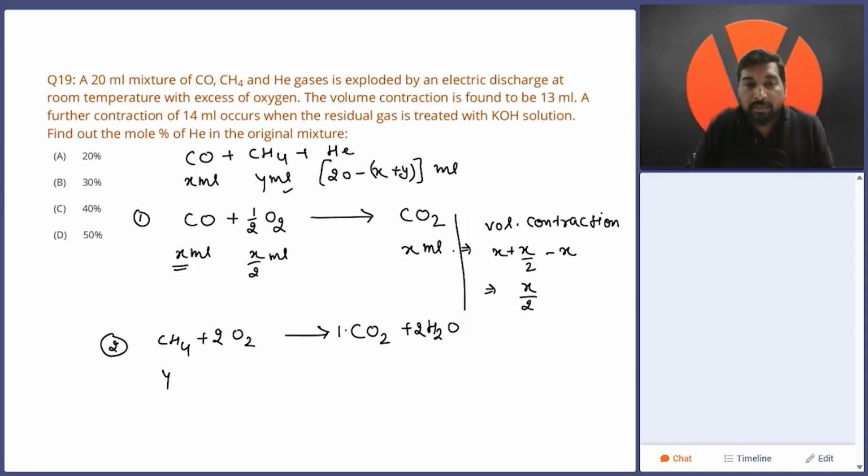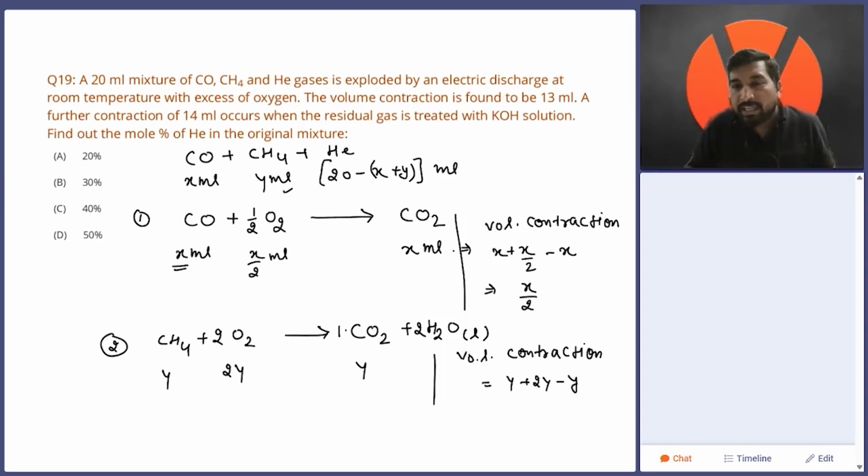We considered Y mL. For Y mL of CH4, 2Y mL of O2 is required. And this should be liquid. And how much CO2 will form? Y mL CO2 will form. So definitely volume contraction from here is Y plus 2Y minus Y, that is the 2Y.